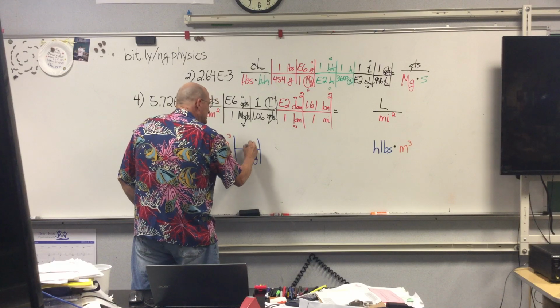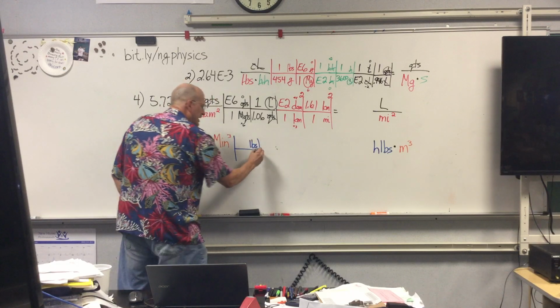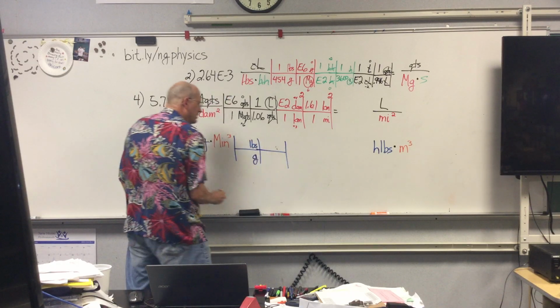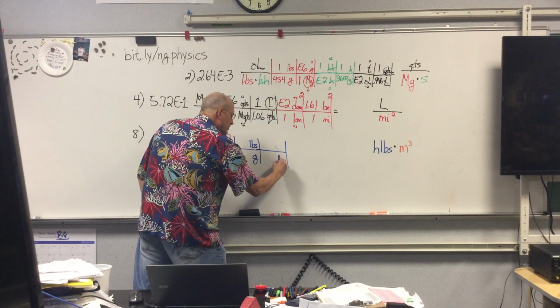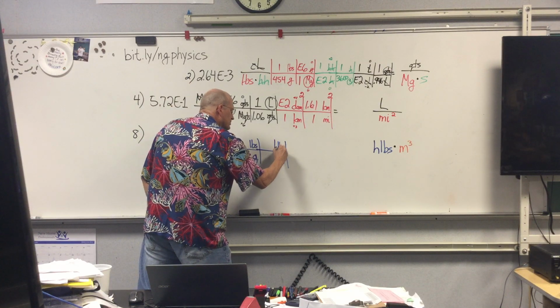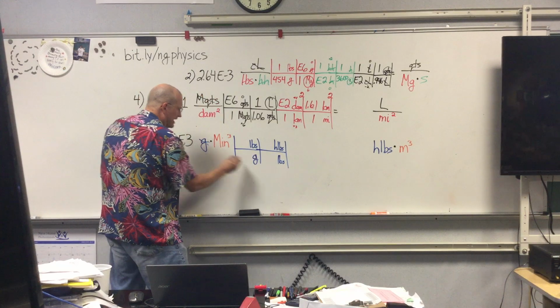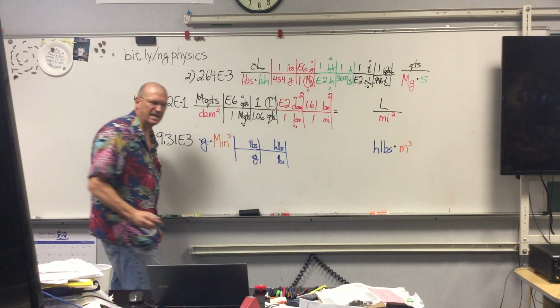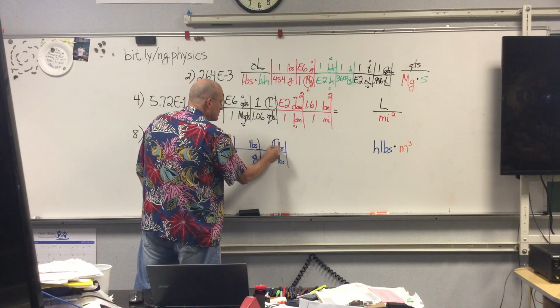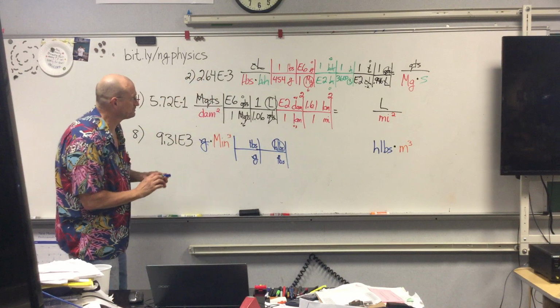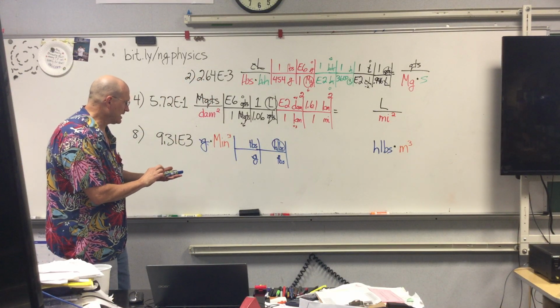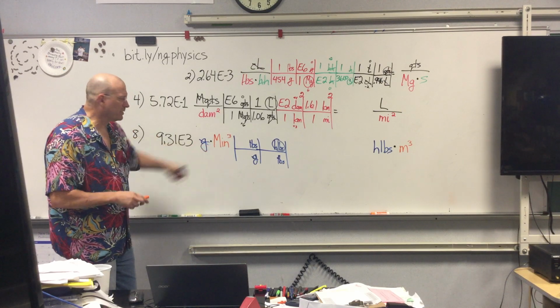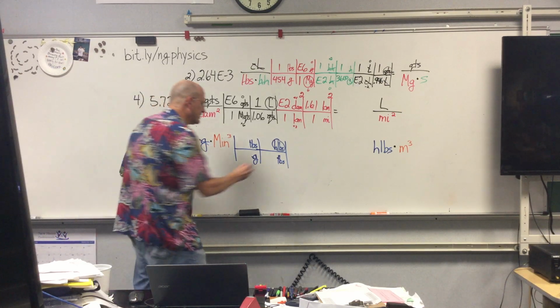So we'd have grams here, pounds here, and then our next one would take us from pounds to hectopounds. So the grams would cancel diagonally there, and the pounds would cancel, and that would leave us with our hectopounds. Okay?